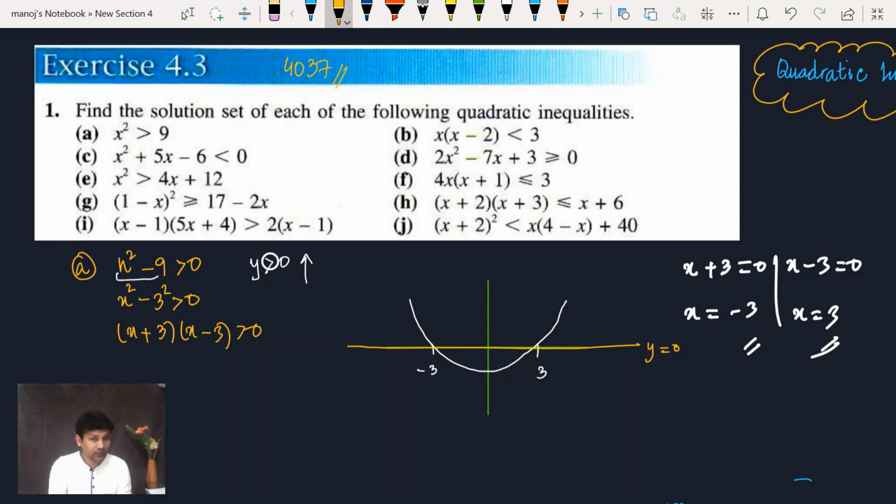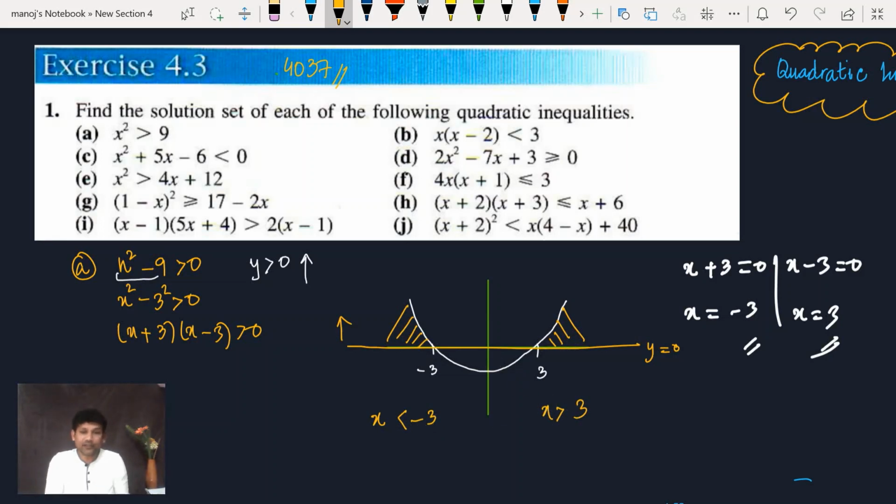We are moving more than 0, which means y is positive, all positive values. So it means the upper part is your result. When you see this result, y is the upper part. Now what is x? Here x is less than minus 3, and here x is greater than 3, and that's your solution by using this.